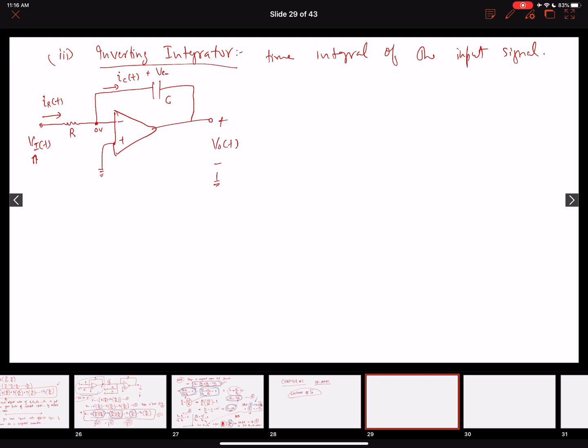So let's solve the circuit. The first thing is we are going to have this IR of t.